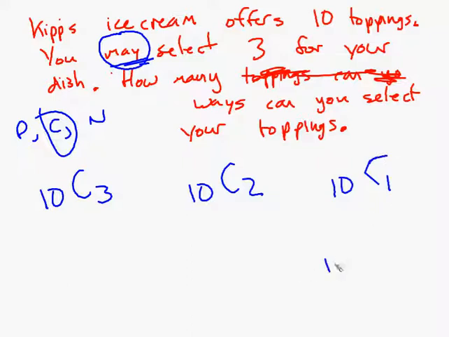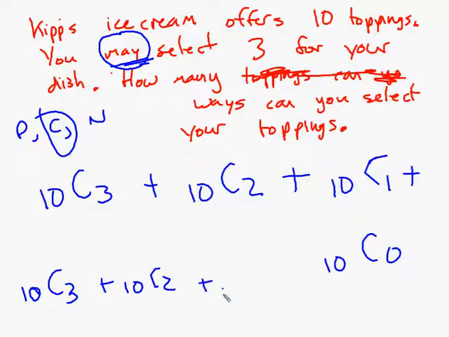I could do no toppings. So I have to add all those together. In our calculator, we put in 10 choose 3, plus 10 choose 2, plus 10 choose 1, plus 10 choose 0. And I add those because those are each distinct events.